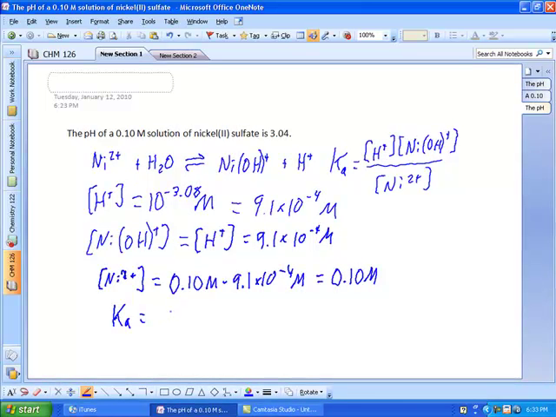Since both concentrations on the top are the same, all I have to do is take 9.1 times 10 to the negative 4th and square it, and then divide that by 0.10. The result is 8.3 times 10 to the negative sixth. And that's the Ka that we would report for this particular hydrolysis equilibrium.